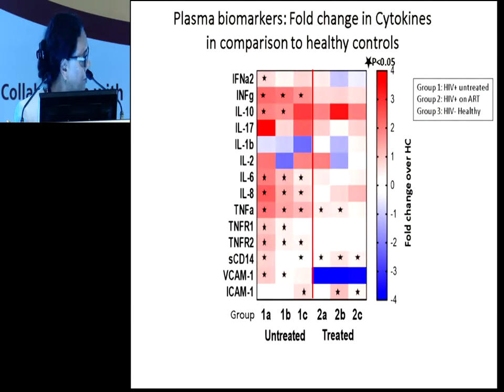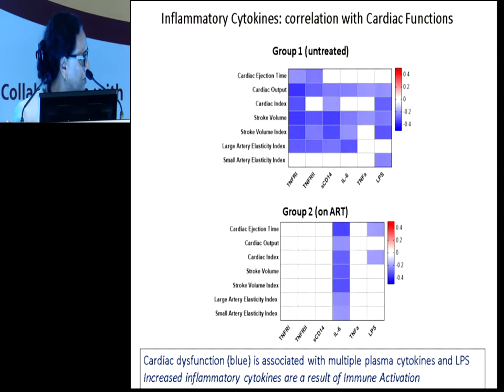And then we looked at plasma biomarkers, and again you can see mostly the red is bad, and that's what you have to remember. And you can see that it's the Group 1 that has the most inflammatory biomarkers and some residual inflammation and microbial translocation markers also in Group 2.